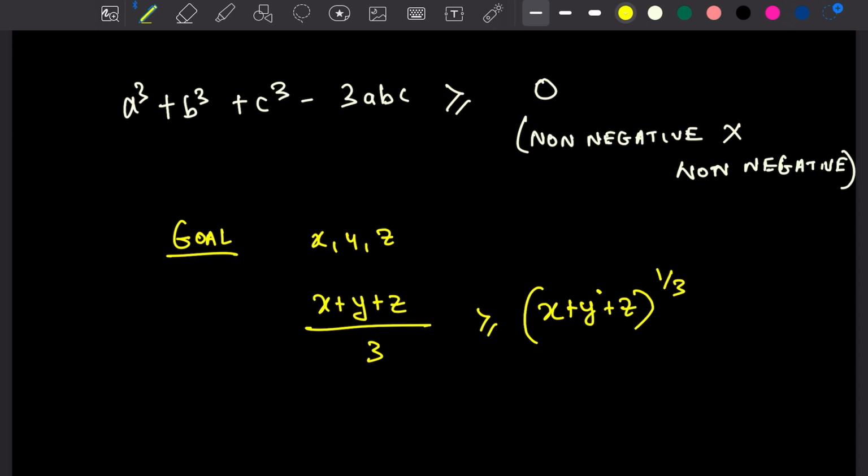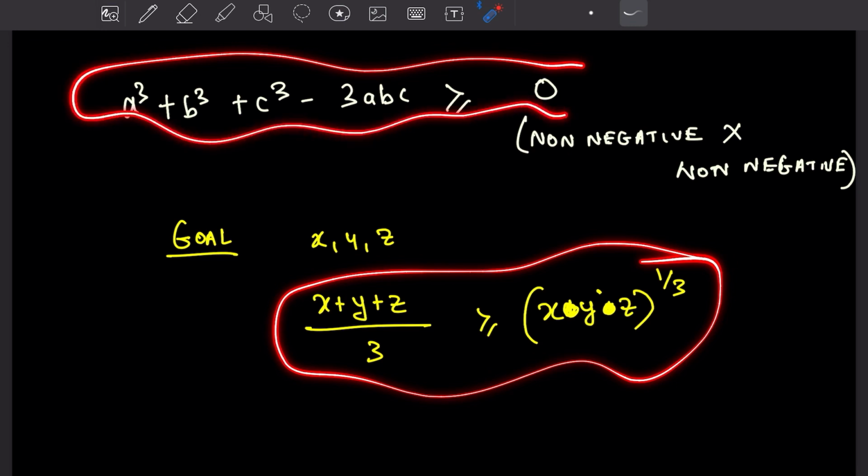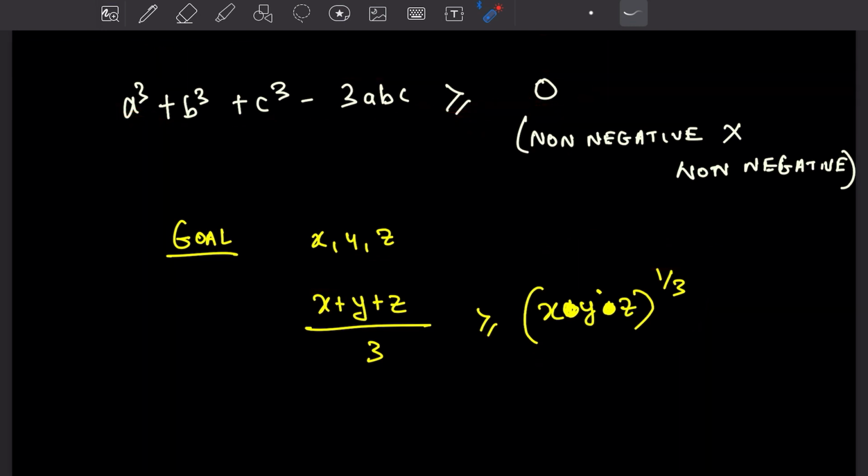So can you tell me, this is the last line of this proof. This is x times y times z. So xyz raised to the power 1/3. Can you tell me how these two are related? Why are these two things related? That's just one more line. Maybe you can tell me in the comment section.